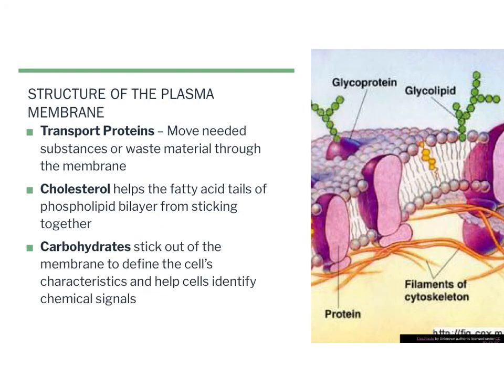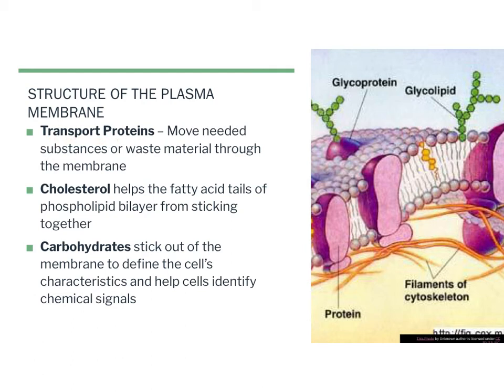All right, now I want to talk about some other features that help make up the plasma membrane. On the previous slide, we were talking about the selective permeability of the membrane, which means not everything can just enter and exit the membrane as it pleases. The first feature or structure of the plasma membrane I want to talk about is something called a transport protein.